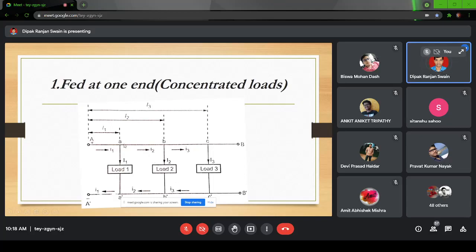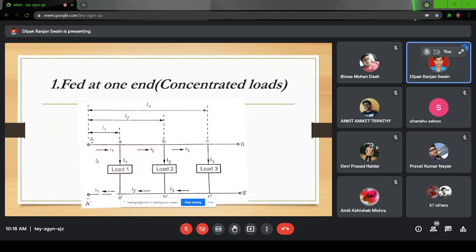The voltage on this side will suddenly increase, as you have learned in the case of alternators. If there is a decrease in reactive power, then the voltage will increase. If there is a decrease in active power, then there is a sudden boost in the frequency. So point A, which was already at a higher potential of 240, now due to the shutdown of the other two loads, may shoot to a still higher value which may not be suitable for load 1. That is the disadvantage of this type of system.